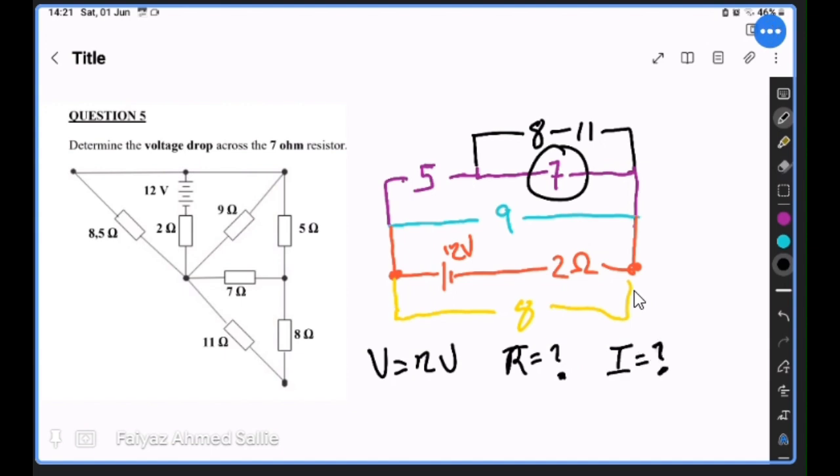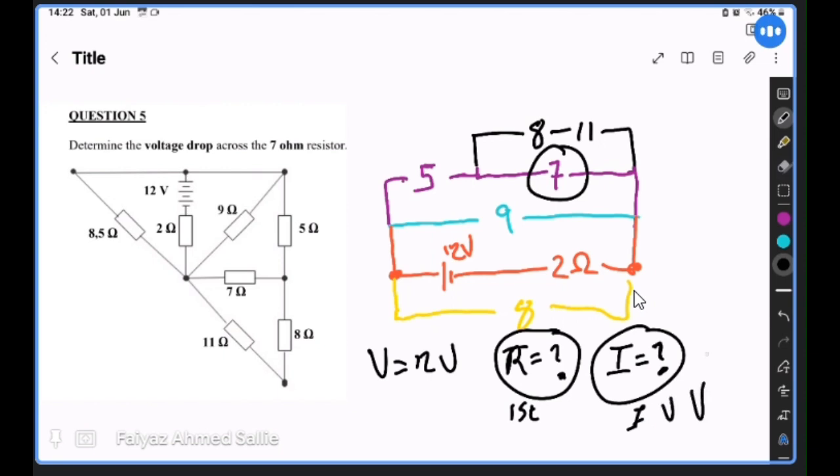To solve this question, we are going to first find the resistors. So step one is to find the resistors, and then step two would be to find the current and the voltages, and then find the voltage at 7. So the question wants us to find the voltage at 7. So V7 equals to, that is our question.